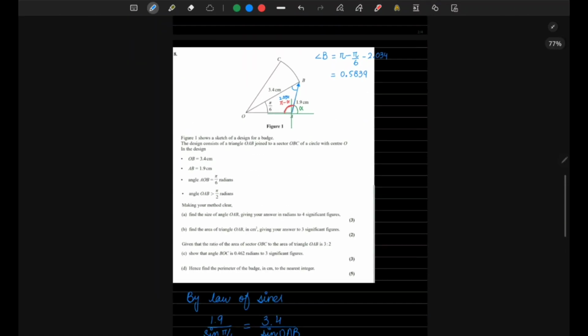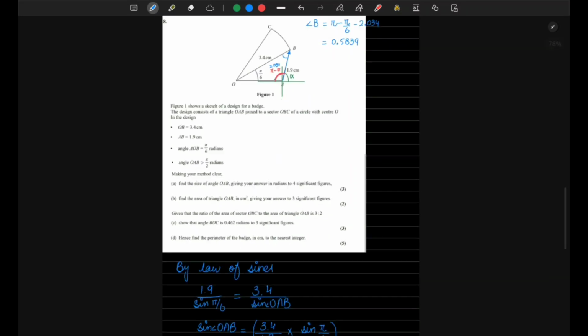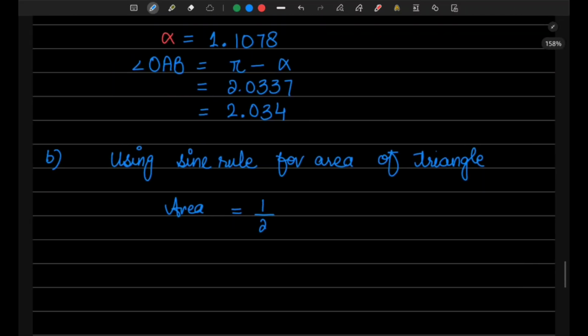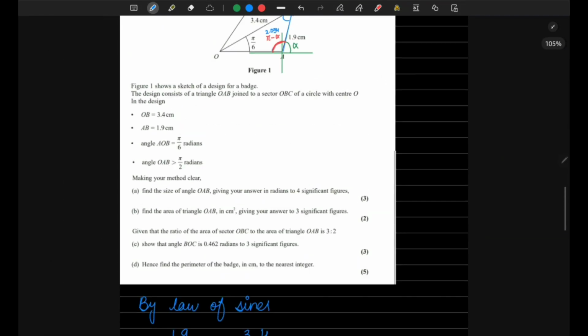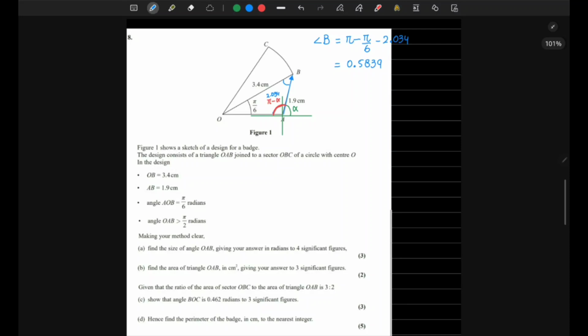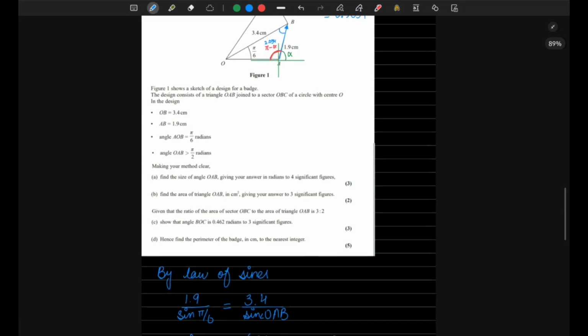What are the 2 sides? OB and AB, times the sine of your angle. So which one is the sine of the angle? Yeah, sine of angle B, OBA.